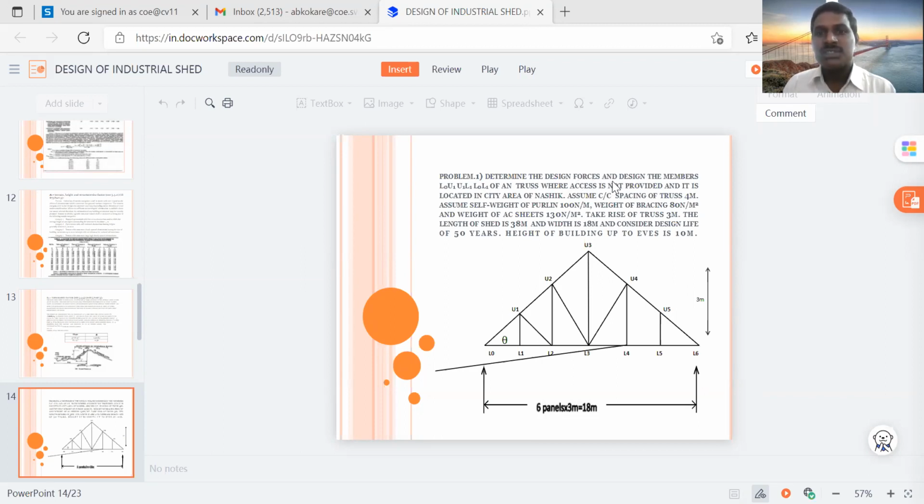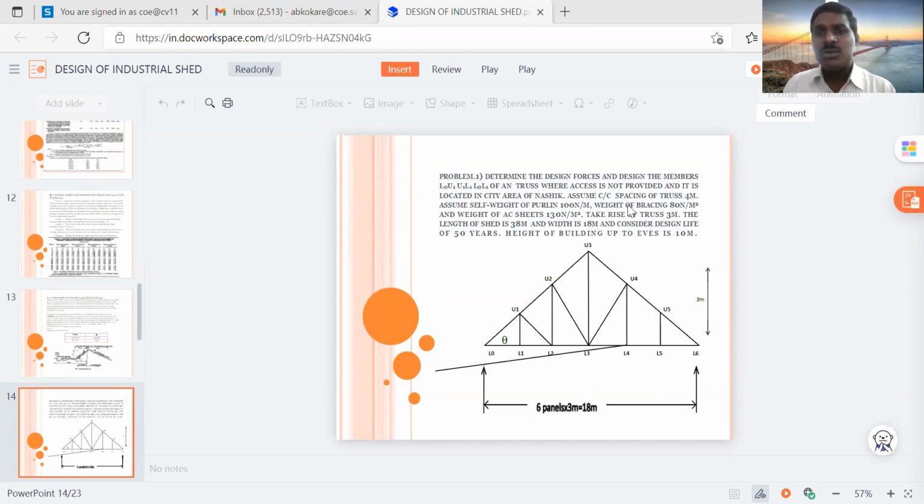Determine the design forces and design the members U0, U1, U1, L1, L0, L1 of an industrial shed, where access is provided, and it is located in the city area of Nasik.